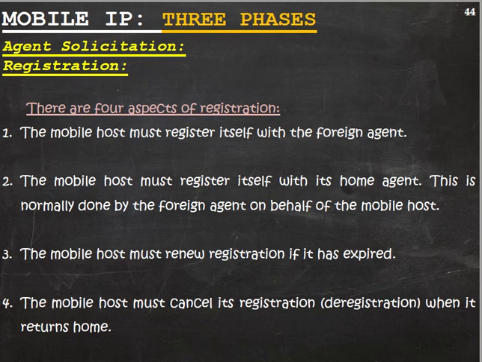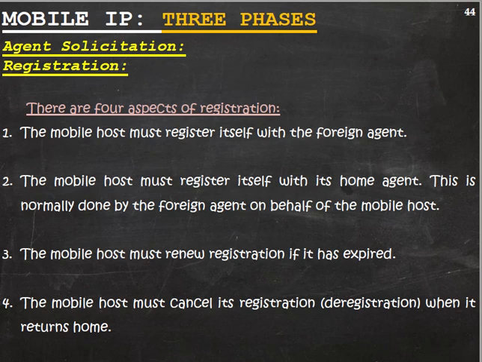The mobile host must register itself with the foreign agent because it has moved from the home network to the foreign network. Second, it must register with the home agent, so it has to link with the home agent, usually done by the foreign agent itself.